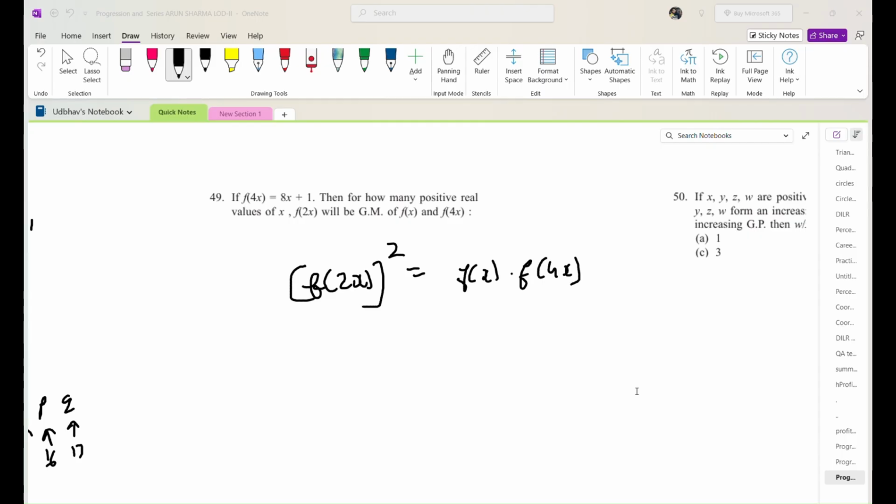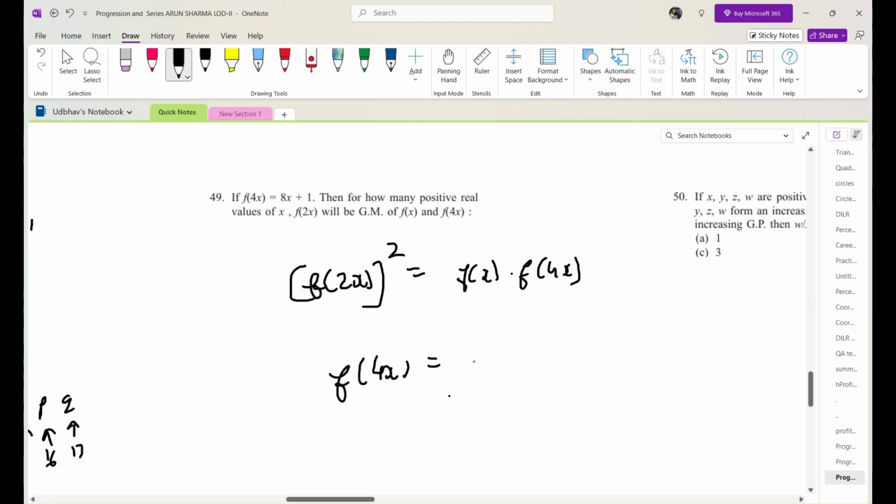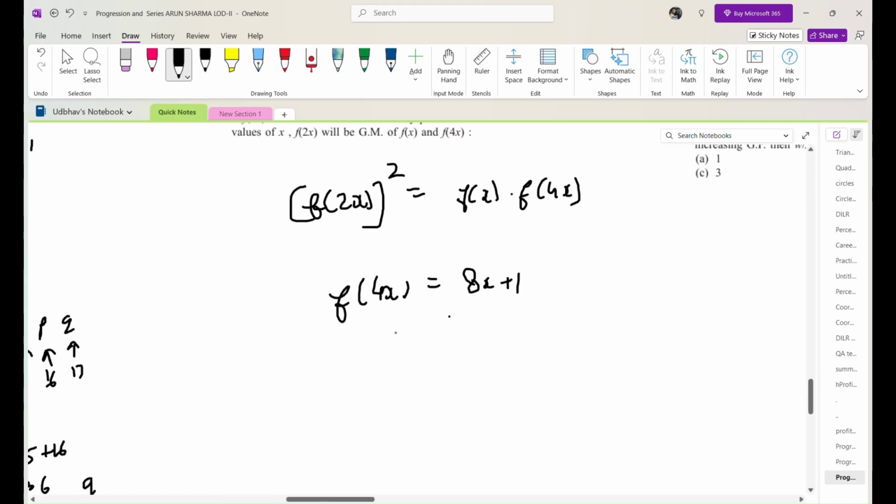If f of 4 of x equals 8x plus 1, it means f of 4 of x equals 2 into 4 of x plus 1.